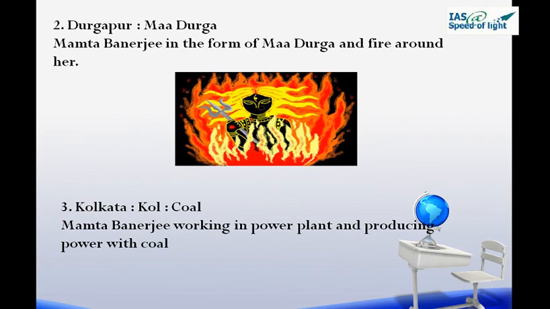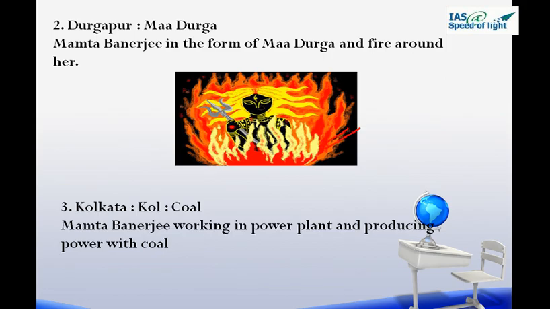Now second is Durgapur, and our picture is going to be Ma Durga. Mamta Banerjee is already known as a very powerful lady, an iron lady. So Mamta Banerjee in the form of Ma Durga, with fire all around her. You can see this picture where the goddess Durga is in the flames of fire.